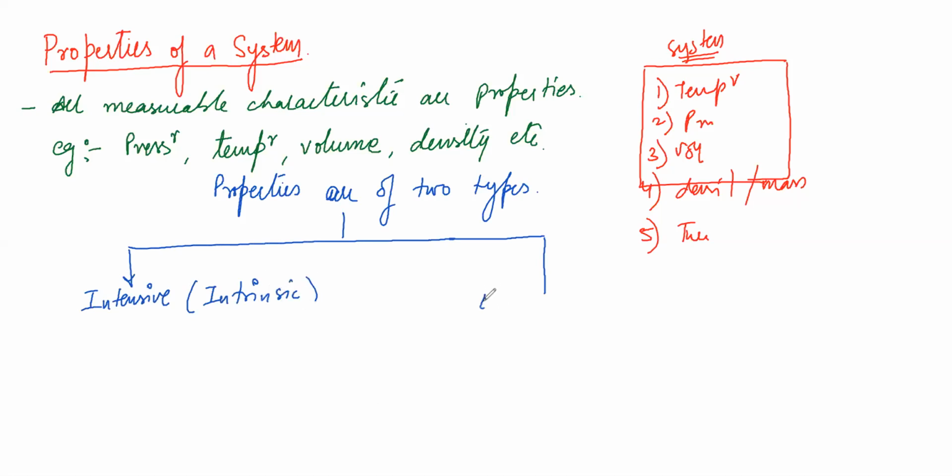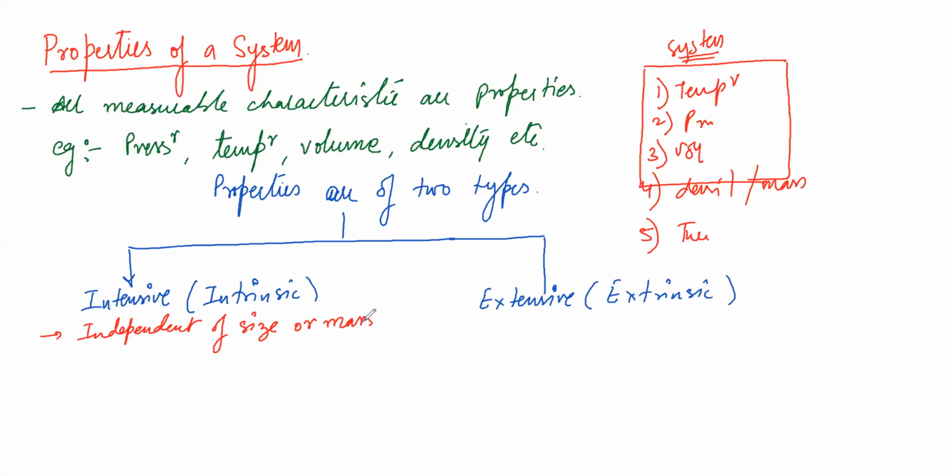The second is defined as extensive, which is also defined as extrinsic. So what is intensive and what is extensive? In intensive properties, all properties are independent of size and mass. When the properties are independent of size or mass, it is defined as an intensive property.